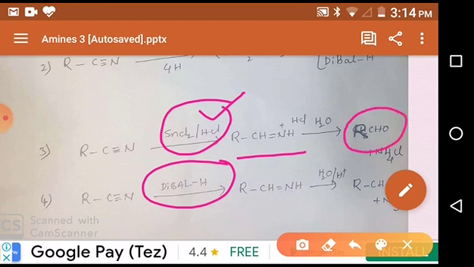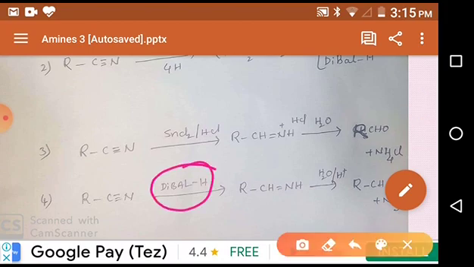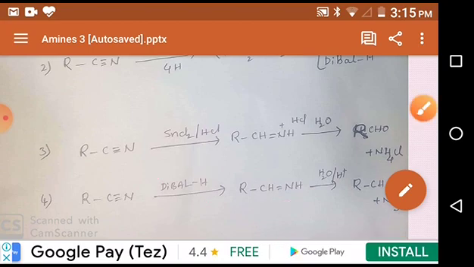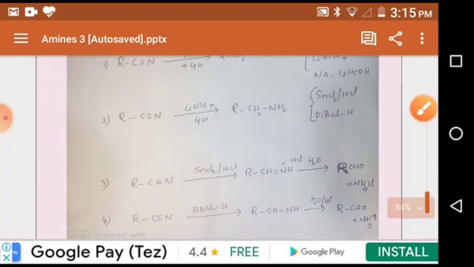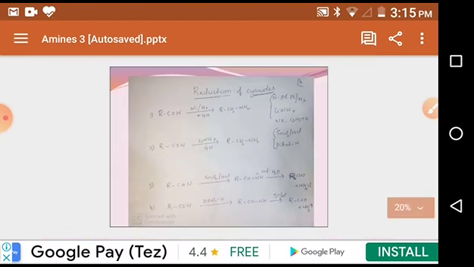It gives aldehydes, along with ammonium chloride salt. Same with DIBAL-H: we are not getting a salt, we are getting an imine. This imine undergoes hydrolysis, and we get the same aldehyde. So these are the reduction reactions of cyanide.